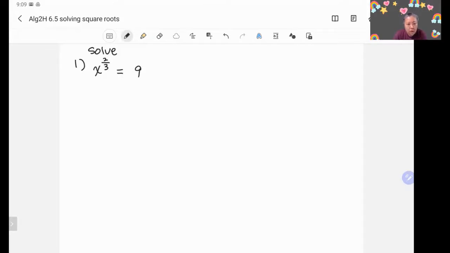Here, notice the variable x has exponent 2/3, right? Then the mathematical manipulation that we have to do is get rid of the exponent that goes with the variable x so that we can isolate x.